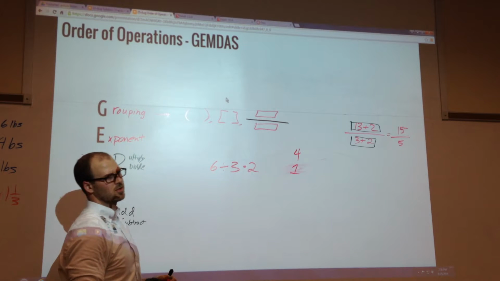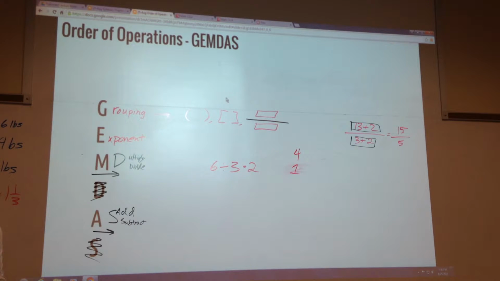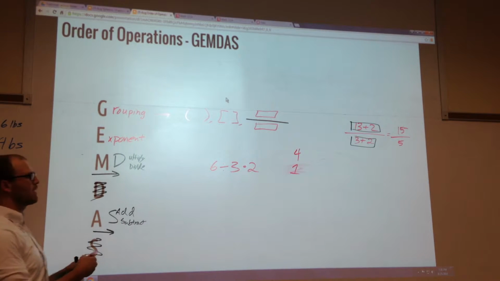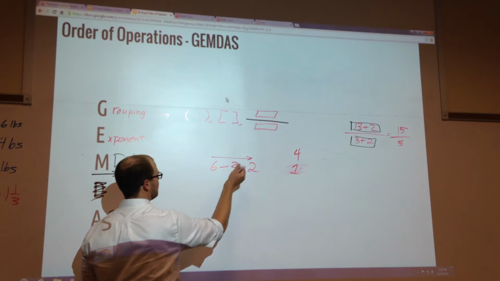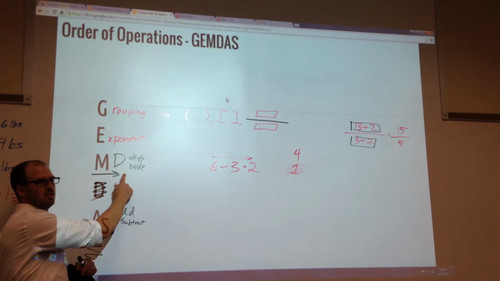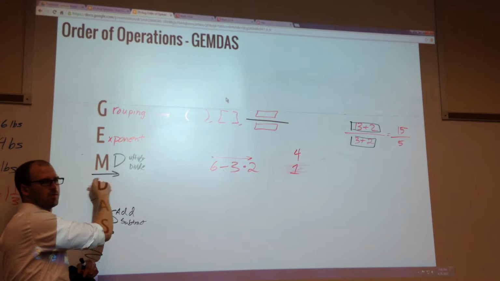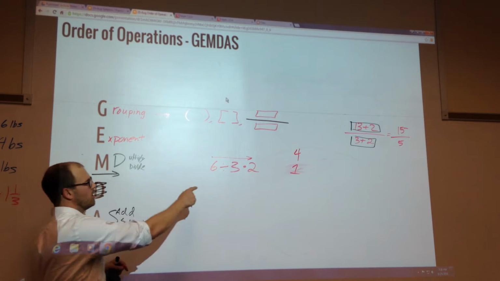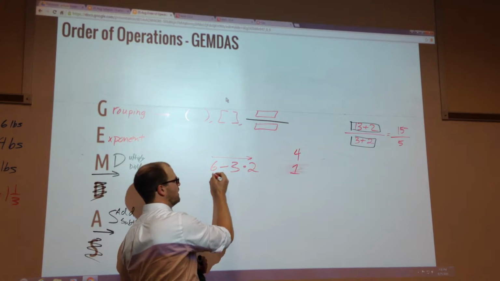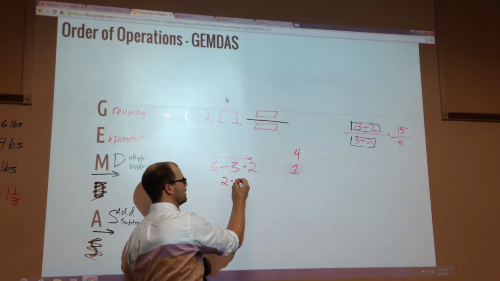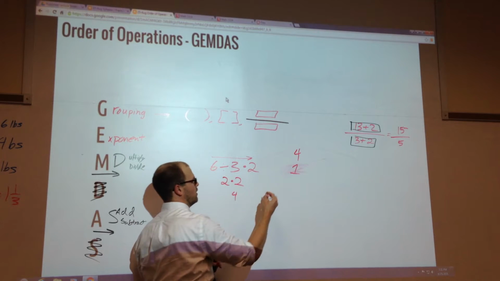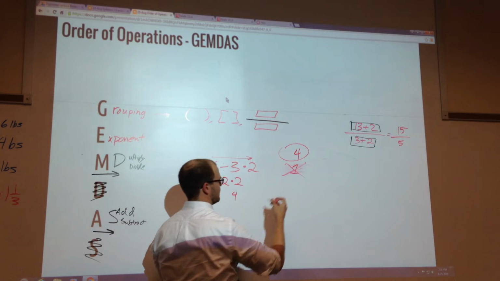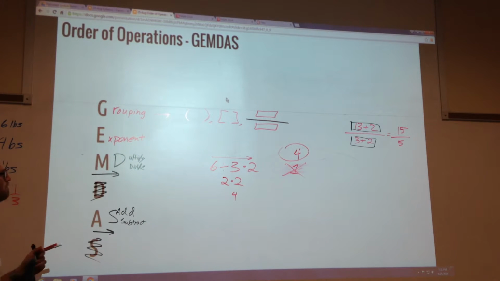One of those is correct, one of those is not correct. You've got to go left to right. If you did multiplication before division, you're wrong. You got to go left to right, and whatever comes in that step. So because I hit a division, I do that immediately. 6 divided by 3 is 2, times 2 is 4. 4 is correct, 1 is incorrect. Okay.